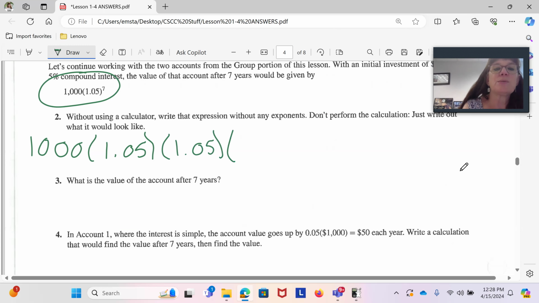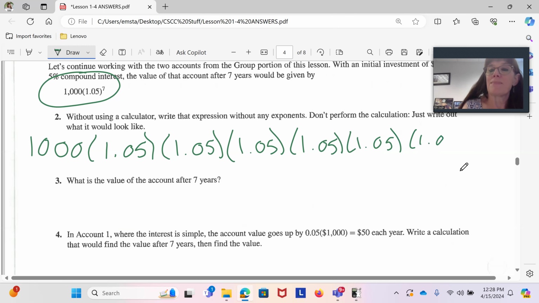It's 2, 3, 4, 5, 6, and 7. And you can see why this might get tedious, especially if we were investing for 20 years or 30 years. This may be absolutely tedious.